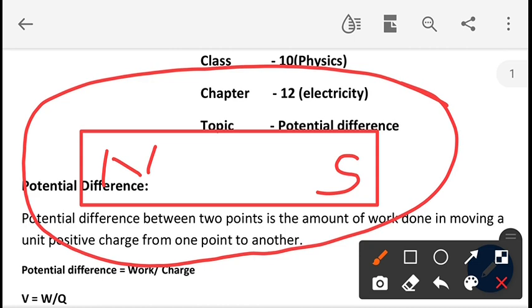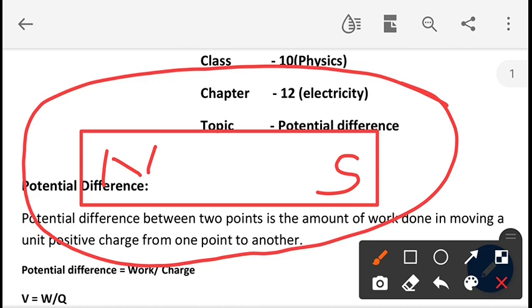Region of influence means inside the circle, if any other magnet is brought, it will be attracted or repelled depending upon the polarity. If a south pole is brought to the south pole of this magnet, it will repel, and if a north pole is brought close to this south pole, it will be attracted. Like poles repel each other, and unlike poles attract each other.